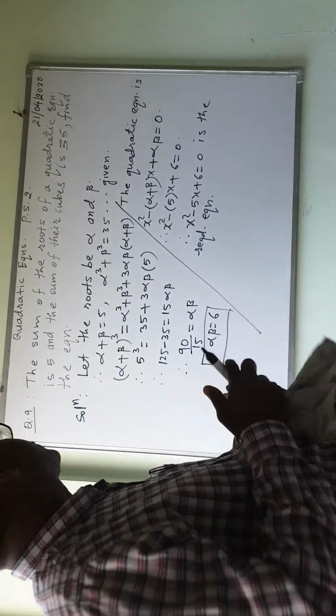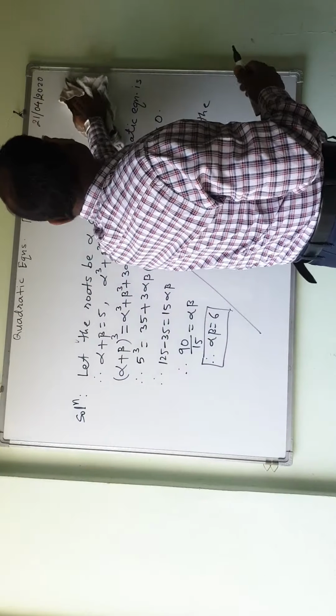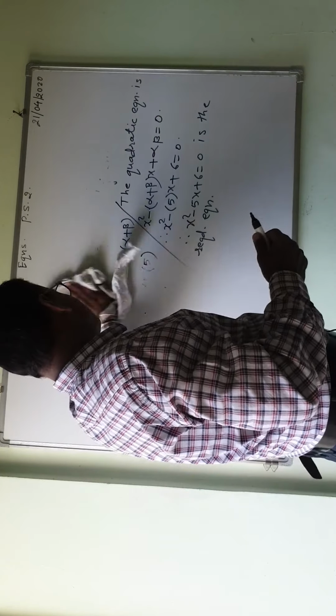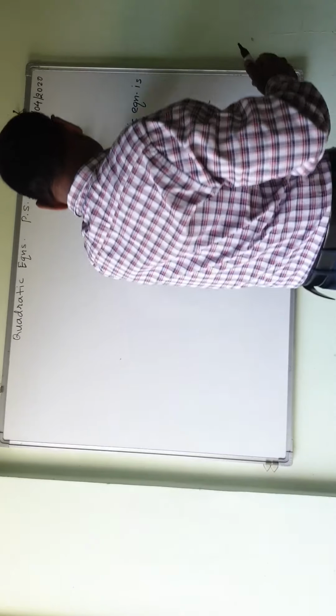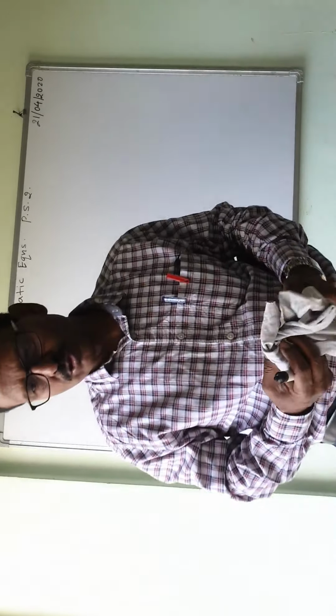We'll move to the next sum. I'll go at some speed because this will become somewhat lengthy. I have to solve at least 3 questions. The video should not become very long.